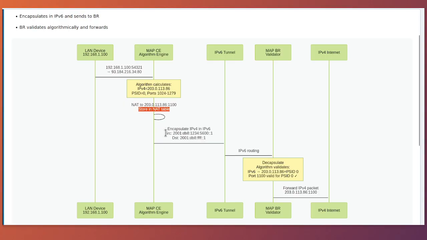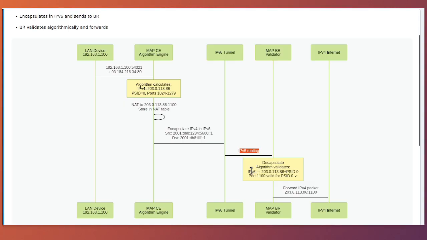The source IPv6 address is the CE address, derived from its prefix, perhaps 2001:DB8:1234:5600::1. The destination IPv6 address is the MAP-BR address, such as 2001:DB8:FFFF::1. The packet travels across the IPv6 network to the BR.